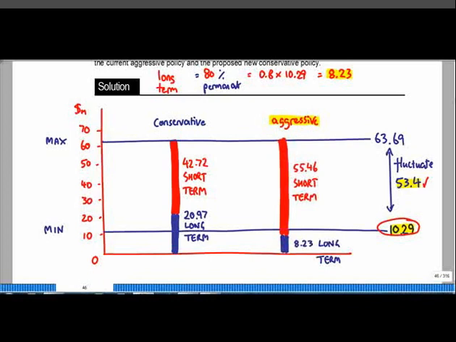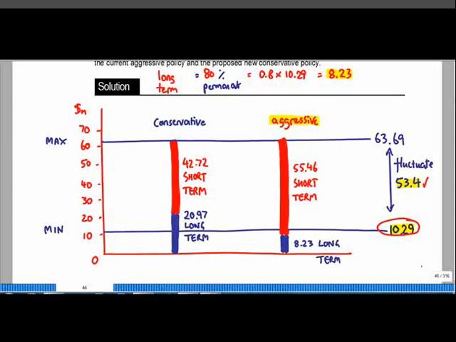So if 8.23 is long-term, 55.46 is short-term to take us up to our maximum of 63.69. Alternatively, you can work out the short-term financing as 20% of your permanent net current assets plus all of your fluctuating net current assets. So we've got a diagram illustrating the two approaches and completing the example.